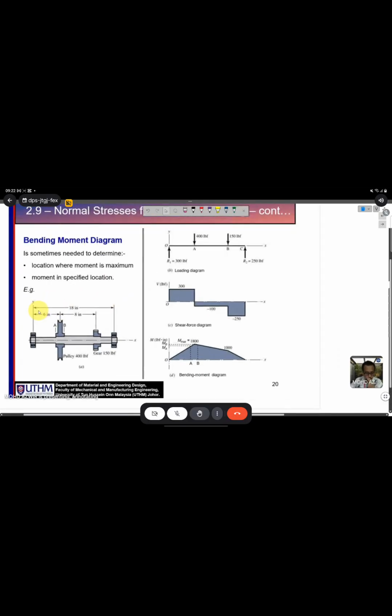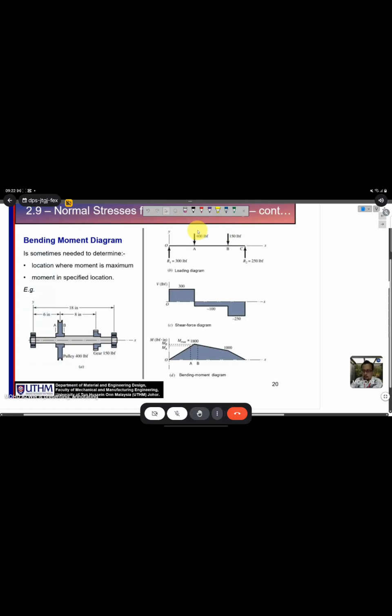Okay, so let's discuss how we want to calculate the bending moment here. So let's say they give you the force. Let's say we have a pulley and a gear, and from this it will produce a force of about 400 pound, and this one is 150 pound.